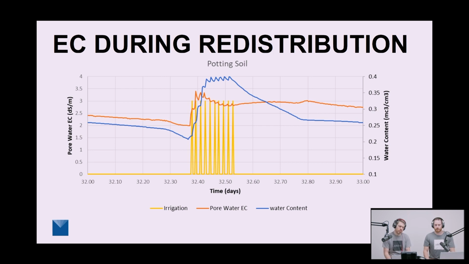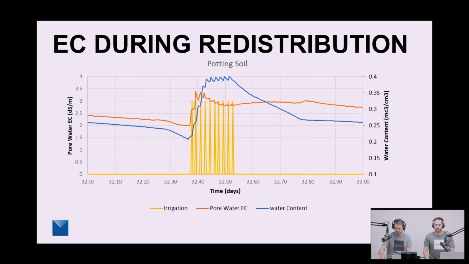If you look toward the end of the day, this shows a 1-day period with an irrigation event and then a quick drop in water content during the light period. And then you can see about 3/4 of the way across the water content stops dropping. That's when the lights go out.